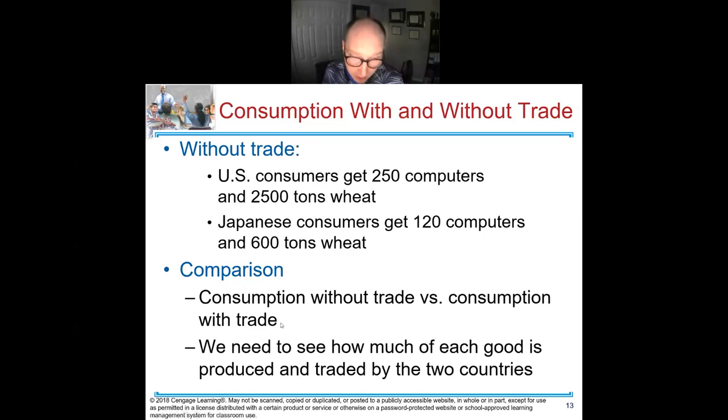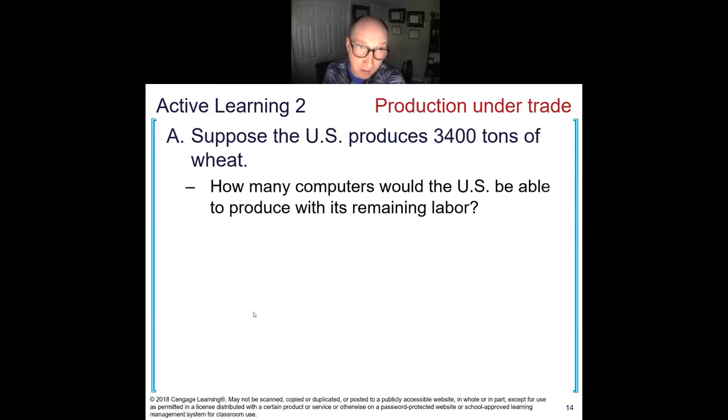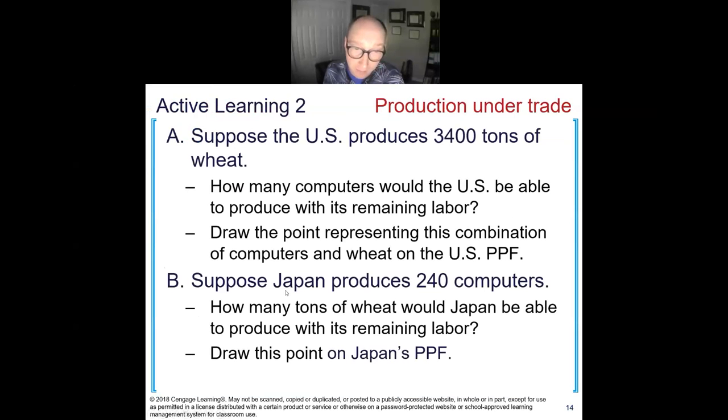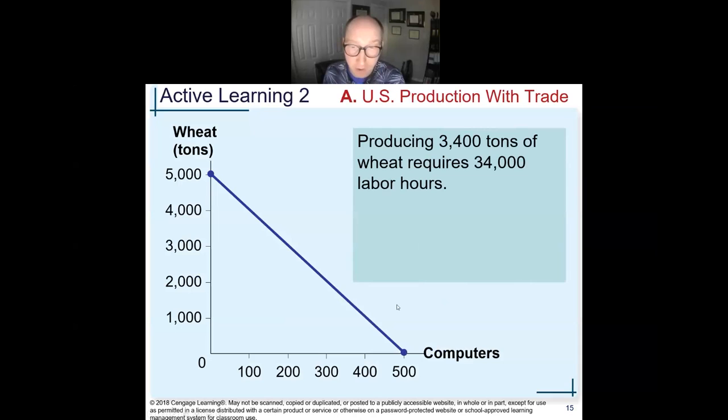If the two countries are trading with each other, we can compare the two based off of the levels of consumption. Let's suppose the United States produces 3,400 tons of wheat. How many computers would the U.S. be able to produce with the remaining labor? And on the other side, let's suppose Japan produces 240 computers. What would they do with the remaining labor?